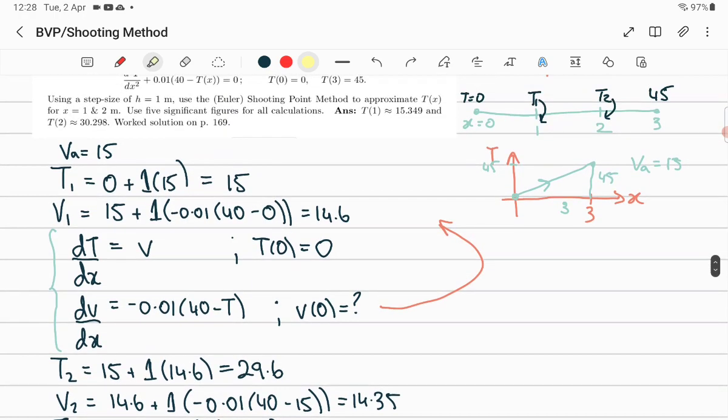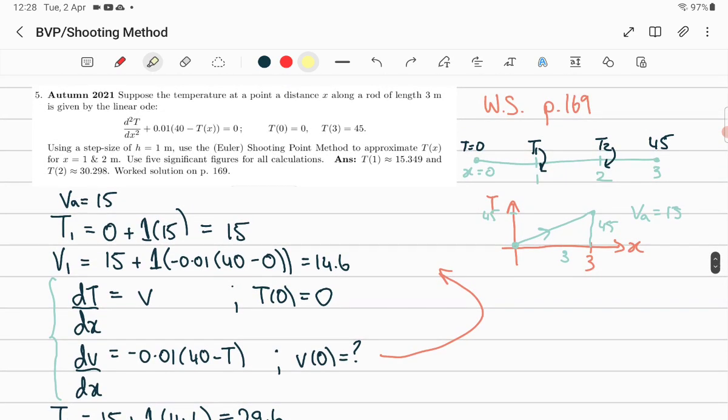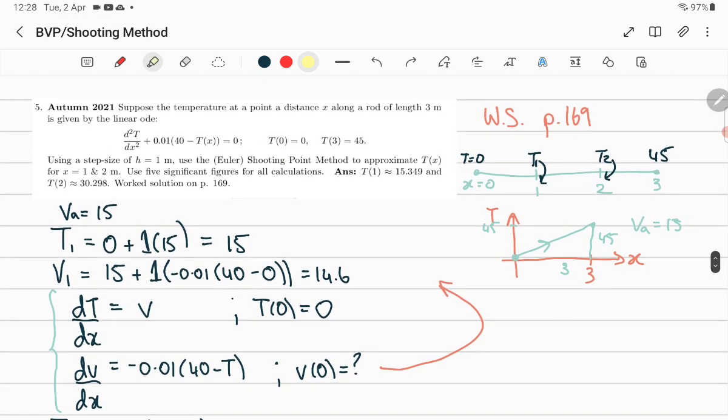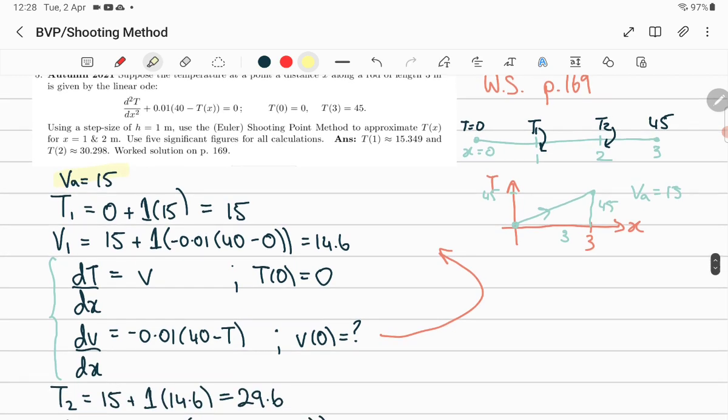And then we chose to shoot straight at it. It's going from 0 to 45 over a distance of 3. So the rise over the run, 45 over 3 is 15. So that's why I tried 15. And that is here.